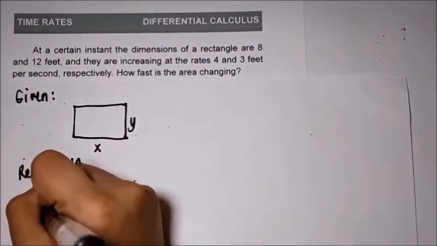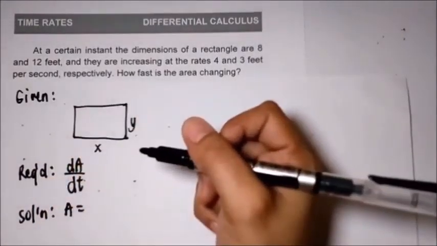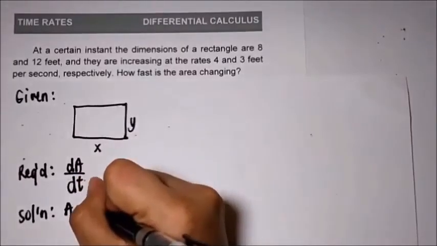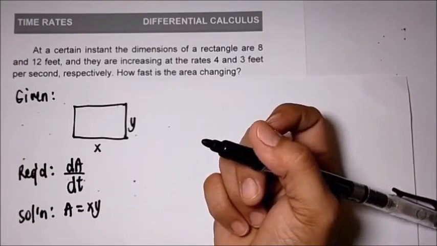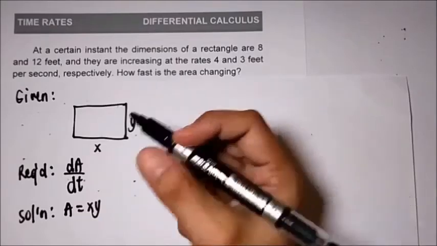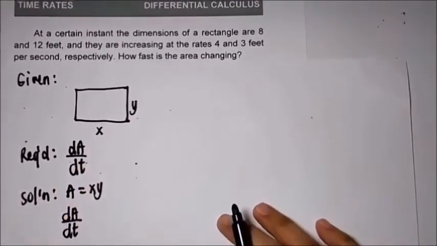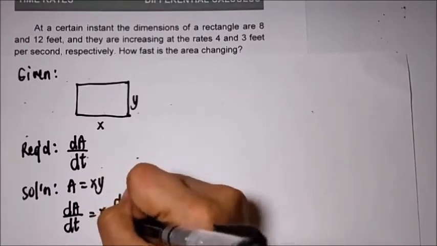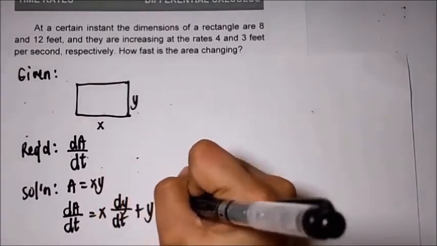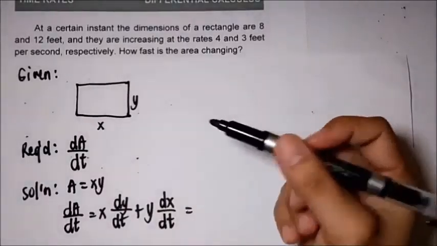Solving this, we need the area of a rectangle. The area of a rectangle is length times width, so that would be xy. Let's now differentiate this with respect to time. So we have dA over dt. Using the product rule, we have x dy over dt plus y dx over dt. Let's now substitute the given.